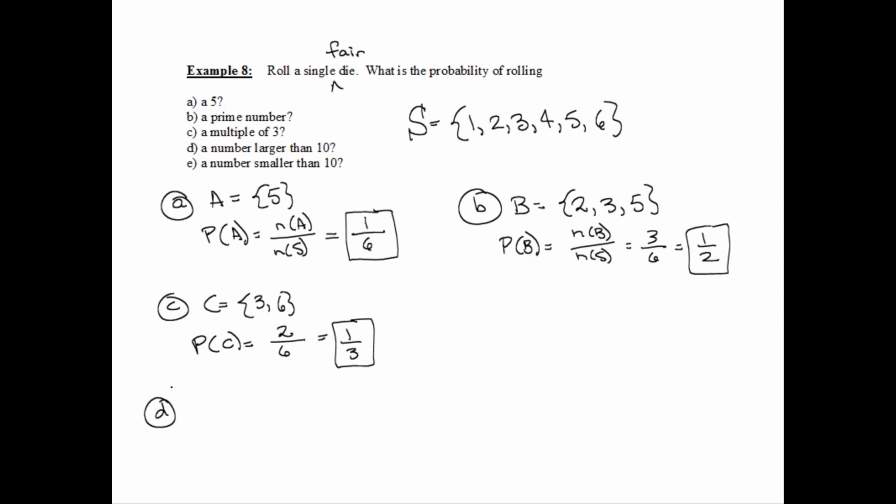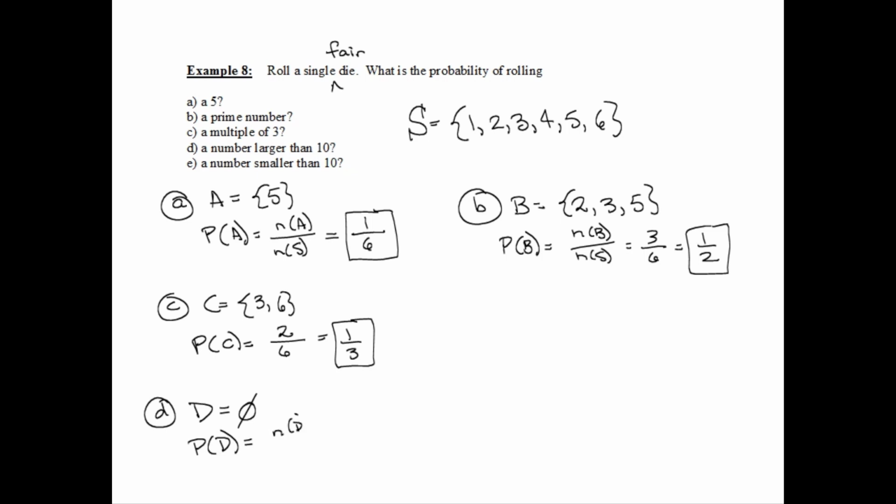A number larger than 10. Okay, so what numbers in our sample space? Our event has to be a subset of the sample space. Remember, what numbers of these are larger than 10? Any of them? No, none of them. So what do we put? Empty set. So what is the probability of D then?